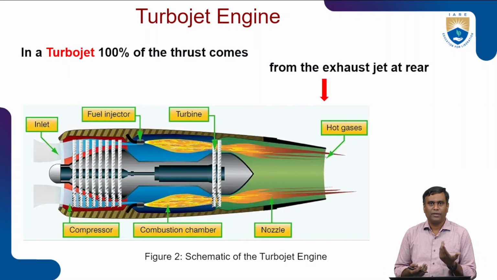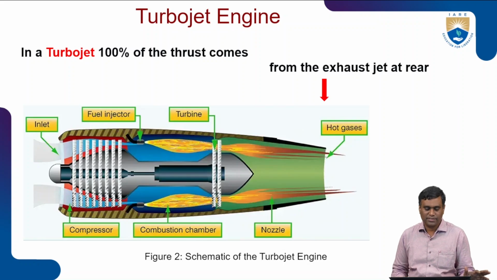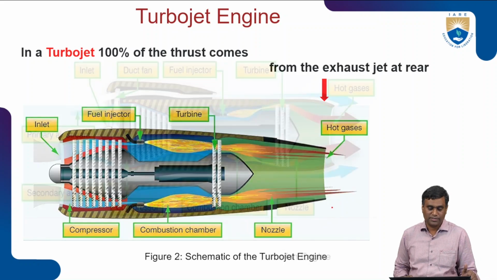It depends, either 2-stage turbine or single-stage turbine, and energy will be extracted from this high pressure and high temperature exhaust by the turbine, which will be used to drive the compressor, and the remaining energy in the exhaust will be converted to kinetic energy through the exhaust section. And in this case, 100% thrust is generated by the exhaust section only, that is the nozzle.